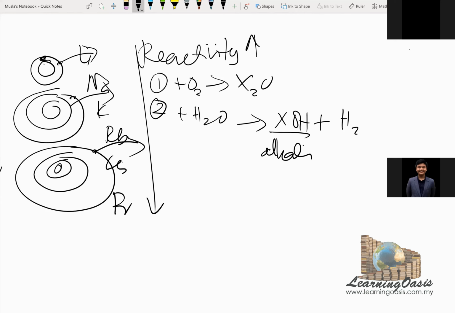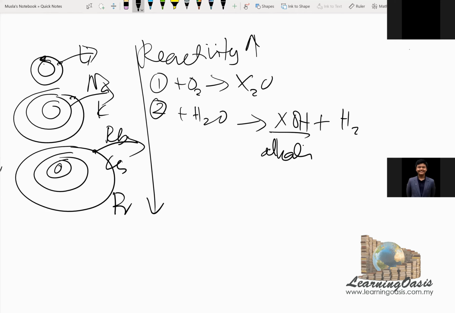Now, why do you have to keep group 1 in paraffin oil? If you go to the lab, you notice that your teacher will keep it in paraffin oil. Why? It's highly reactive, so you keep it in paraffin oil to prevent it from reacting with oxygen and water vapor in the air.